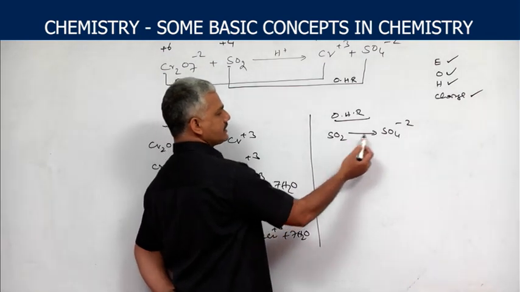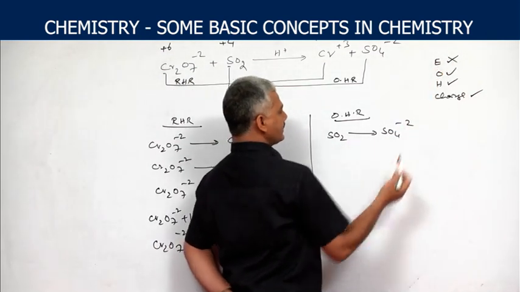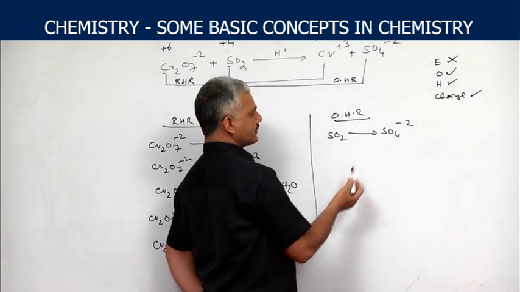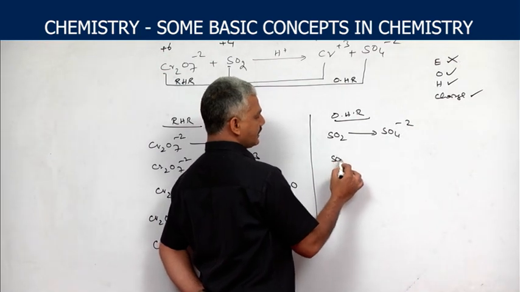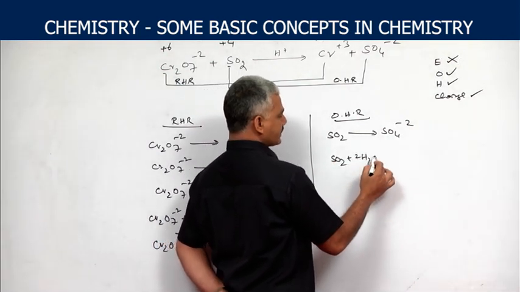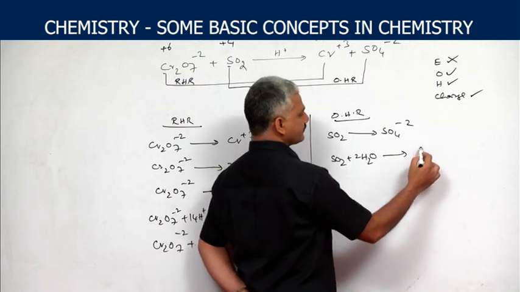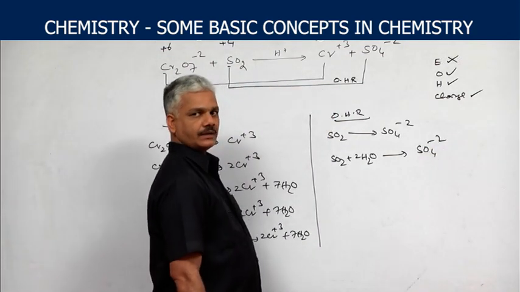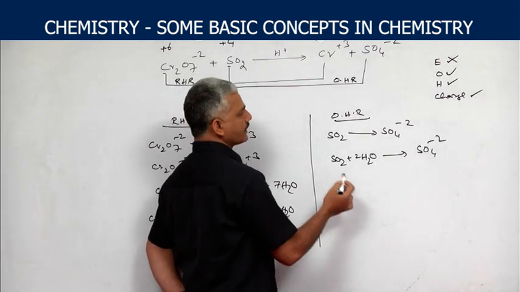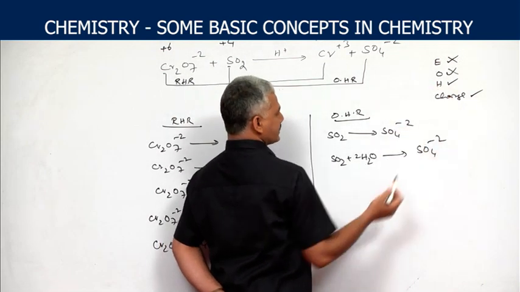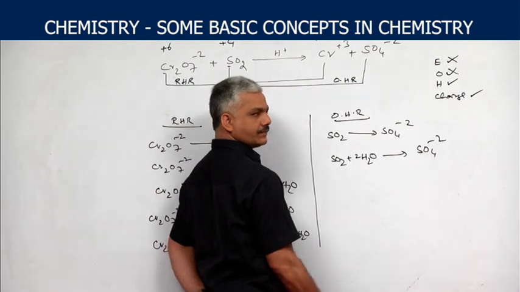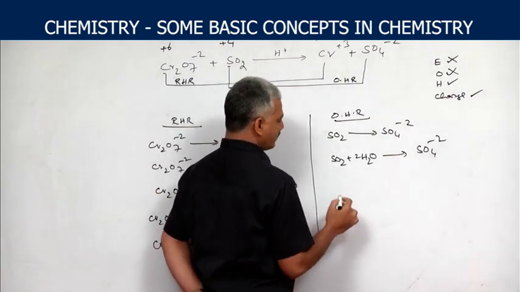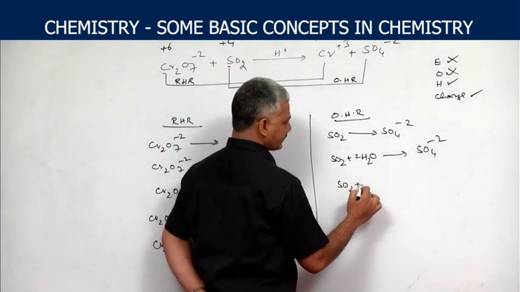Apply the same procedure for the second half reaction also. The element is sulfur, which is already balanced. Coming to balancing of oxygen, the product side is deficient by 2 oxygens, so it is balanced by adding 2 water molecules. Then, on the reactant side 4 hydrogens are present, product side no hydrogens.